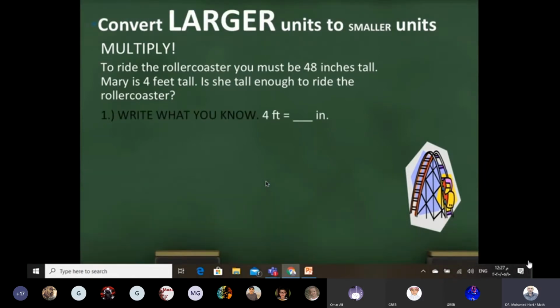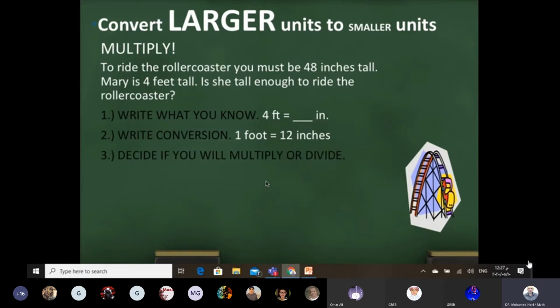Step 1. Write what you know. We want to know how many inches is equal to 4 feet. Step 2. Write the conversion. Since we're working with feet and inches, we would write down that conversion. We know that 1 foot is equal to 12 inches. Step 3. Decide if you will multiply or divide.